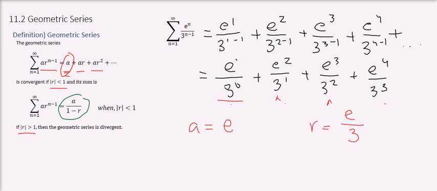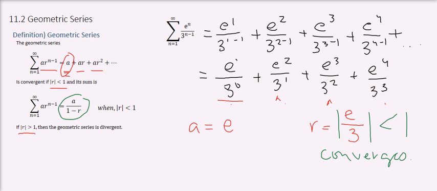Now, to determine whether or not we have convergence or divergence, we have to take the absolute value and determine whether or not this is less than or greater than 1. In this problem, we know it's less than 1, and therefore it converges.